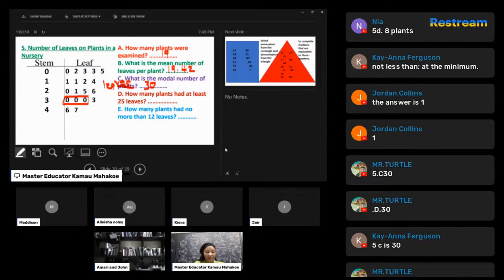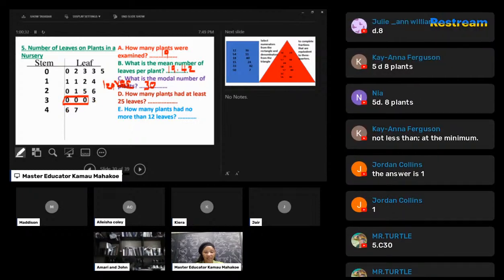That's what we want to find out, right, Kira? How many plants would that be? 8. All right, so let's see. We have 25. So from here, 1, 2, 3, 4, 5, 6, 7, 8. That's correct. 8 of the plants have at least 25. So at least means that or more.